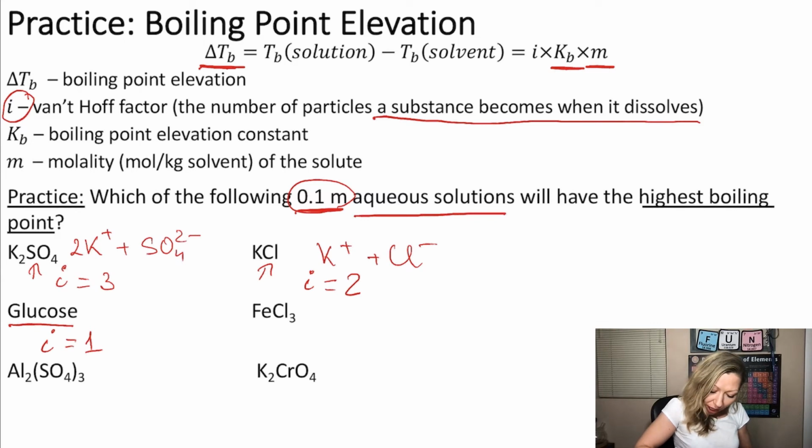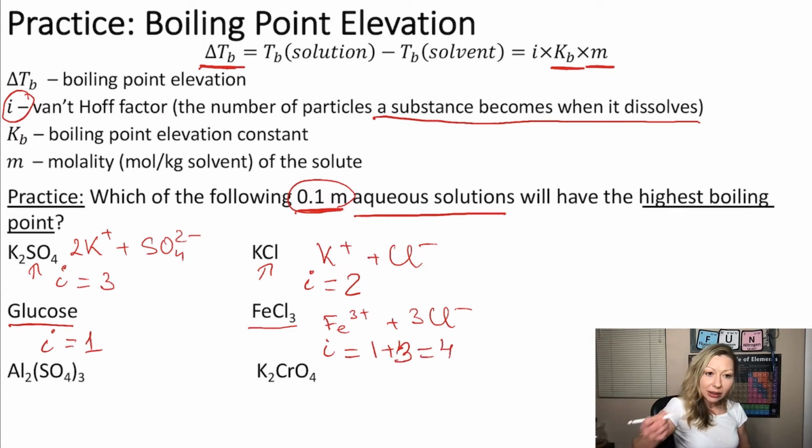What about iron(III) chloride? It's going to give us Fe3+ and 3 chloride ions. So i is going to equal 1 plus 3, which is 4. Okay, what about aluminum sulfate right here? We're going to have 2 Al3+ ions.